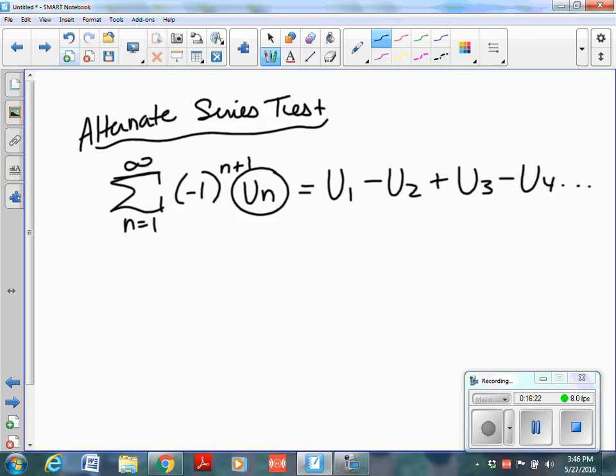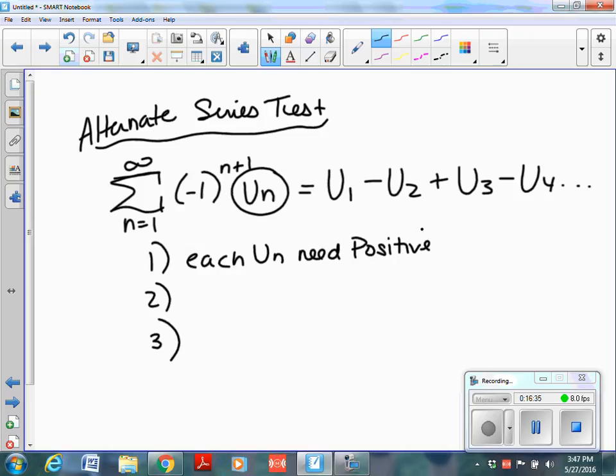So if you have an alternating series, this needs to be true. Each of the u_n needs to be positive. u_n, which is like the first term, needs to be greater than or equal to the next term after it. So this is like the first term, and this is like the second term. So the first term needs to be greater than or equal to the second term.